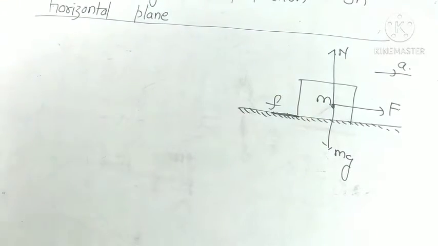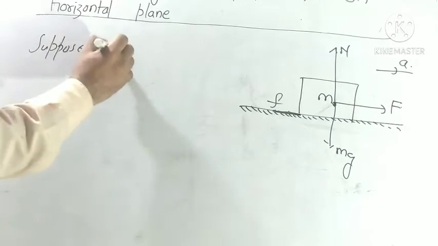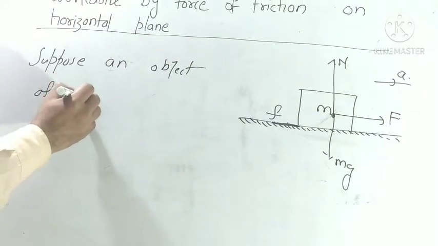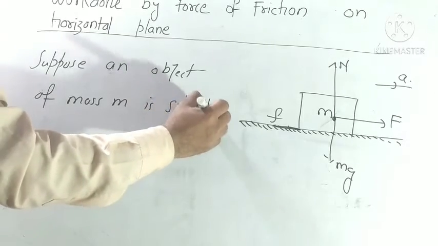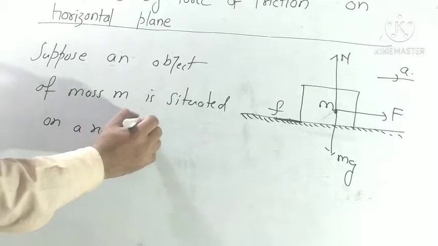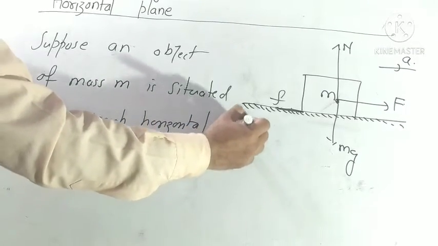Suppose an object of mass m is situated on a rough horizontal surface.